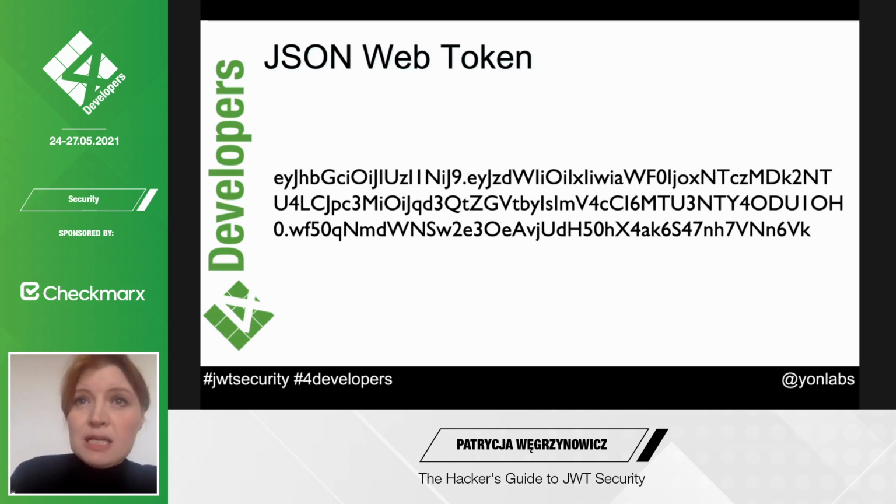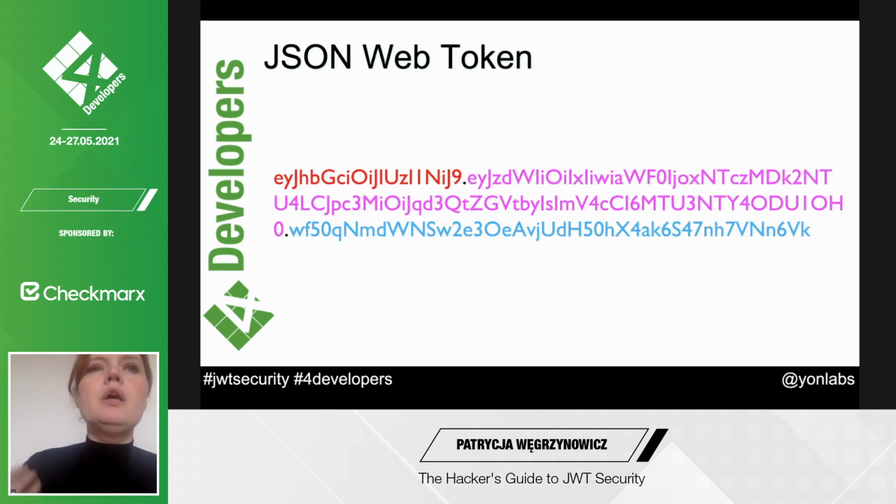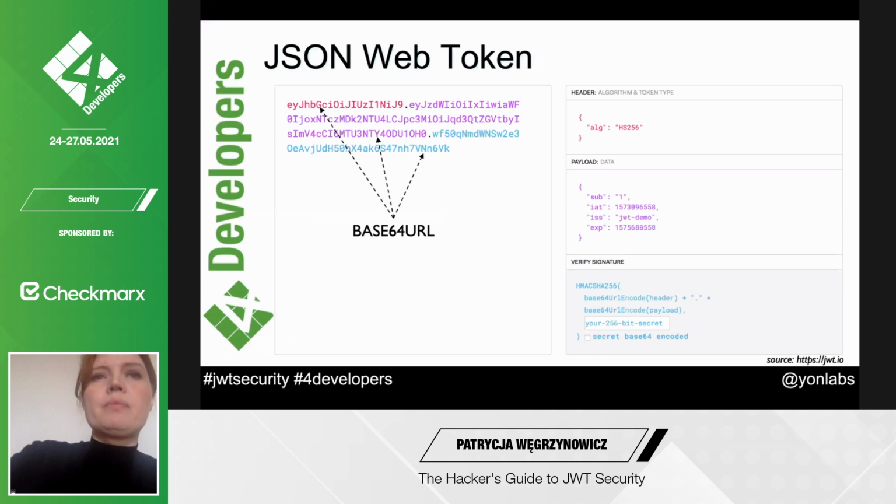We see that a JSON Web Token is a long string consisting mostly of letters and numbers. We can recognize 3 parts separated by dots. These 3 parts are a header, payload, and a signature. All 3 base 64 URL encoded.